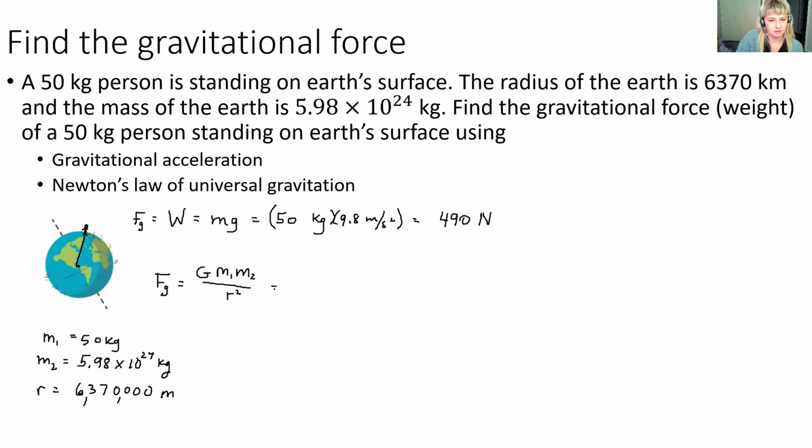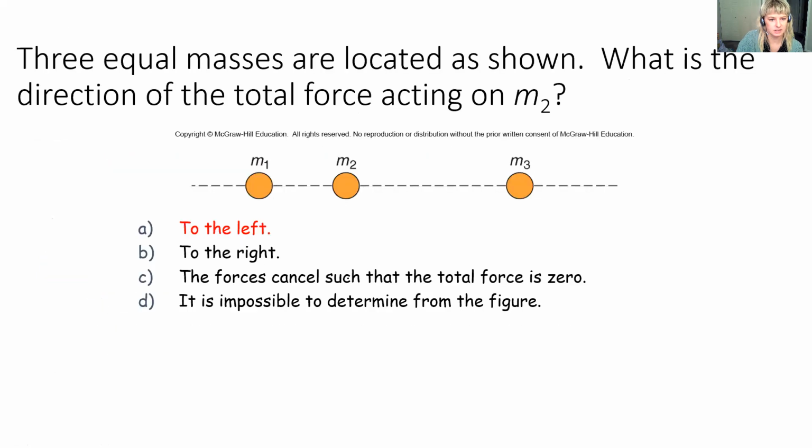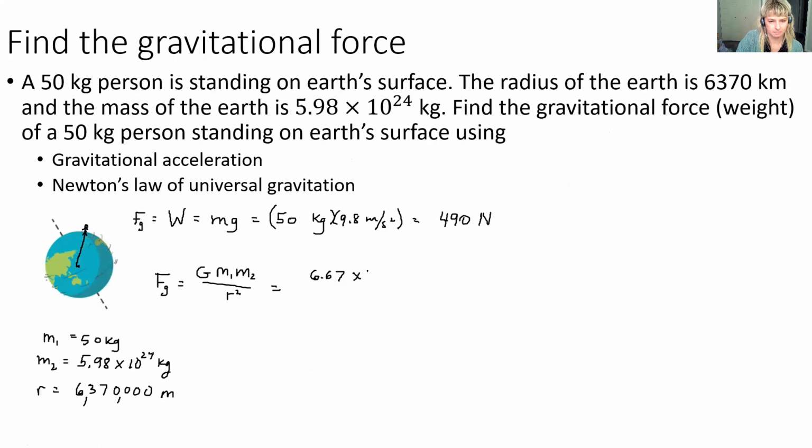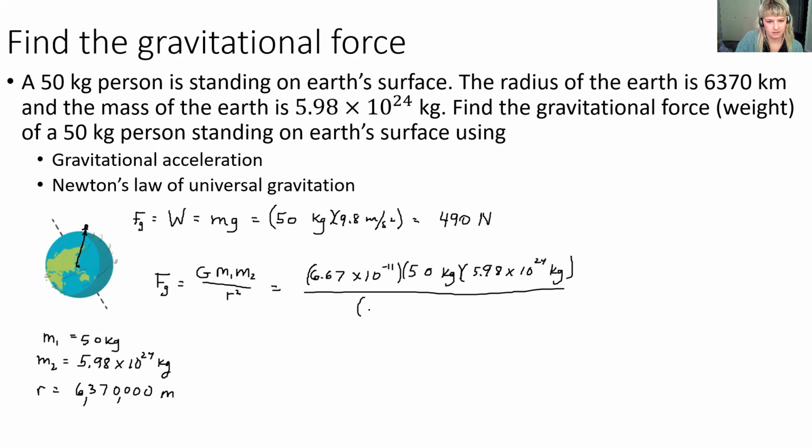So let's plug in our values here. G, the gravitational constant, 6.67 times 10 to the negative 11th. Mass of the person is 50 kilograms. Mass of the Earth is 5.98 times 10 to the 24th. And r, 6,370,000. And don't forget to square.